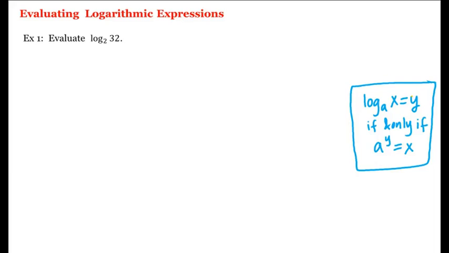That is, the answer y to a logarithm is the exponent that we need to raise the base to in order to get what we're taking the logarithm of.